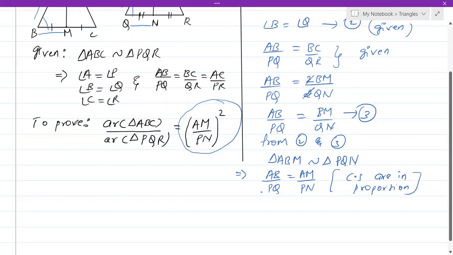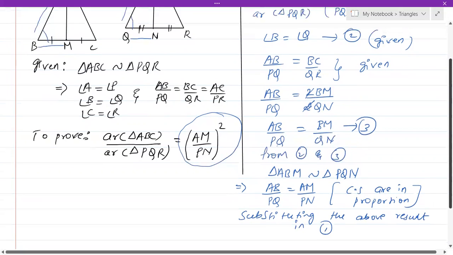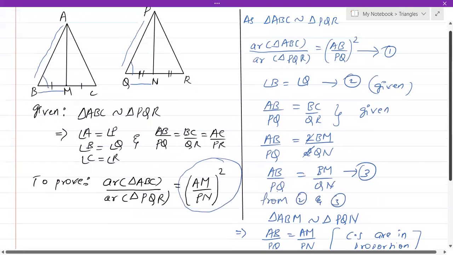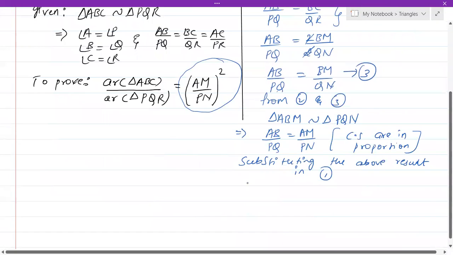Okay. Now substituting the above result in equation 1, what is equation 1? Area of triangle ABC by area of triangle PQR is equal to AB by PQ the whole square. So instead of AB by PQ, what can we write?